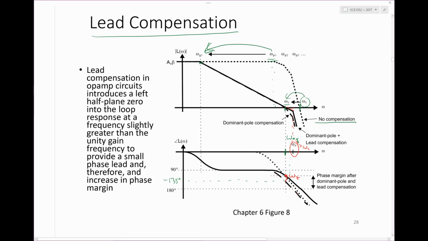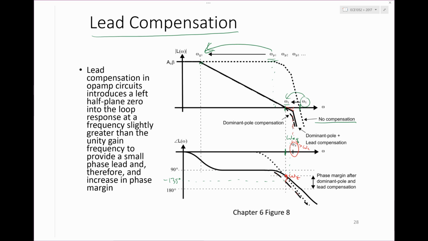So lead compensation is, I would say, almost a heuristic approach that we're taking, in the sense that a lot of our analysis was based on the assumption of a second order L with no zeros. Then at the very end, we go and stick in a zero. So watch out for that. In a sense, it invalidates that whole table that we're using for design.